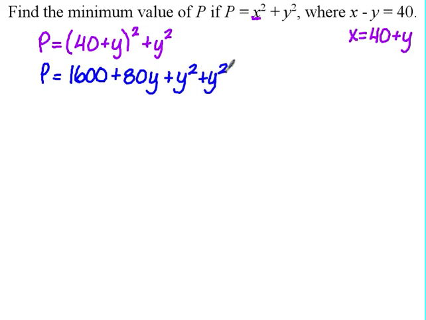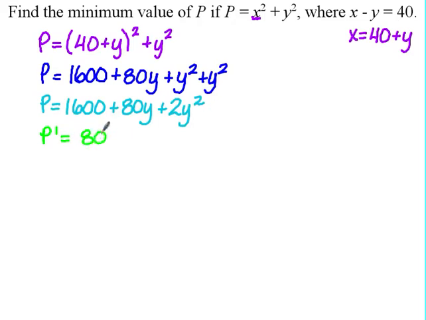So one other thing I'm going to do before I find the derivative is combine my y squareds. So really my function is 1,600 plus 80y plus 2y squared. So now what should I do? Find the derivative. So p prime equals 80 plus 4y.